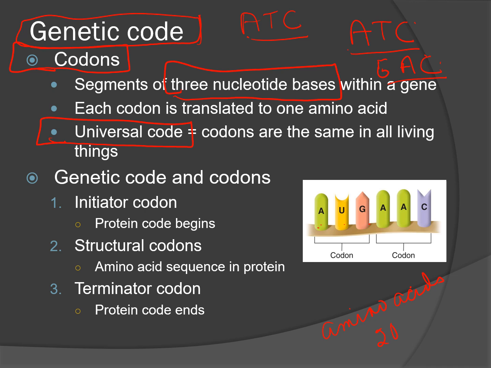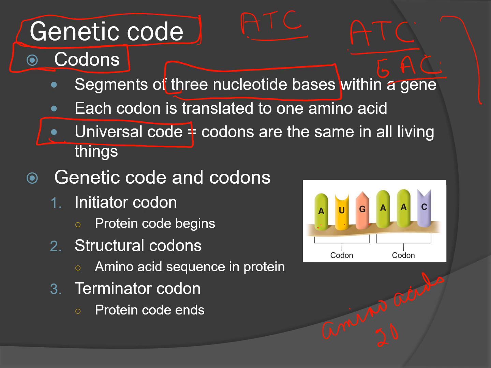That fact is why you can put genes from different organisms. Like we actually can make insulin in bacteria by putting the human gene in bacteria, and it will use the same code for making the protein as we do and come up with human insulin. So we're going to talk more about how that's done.